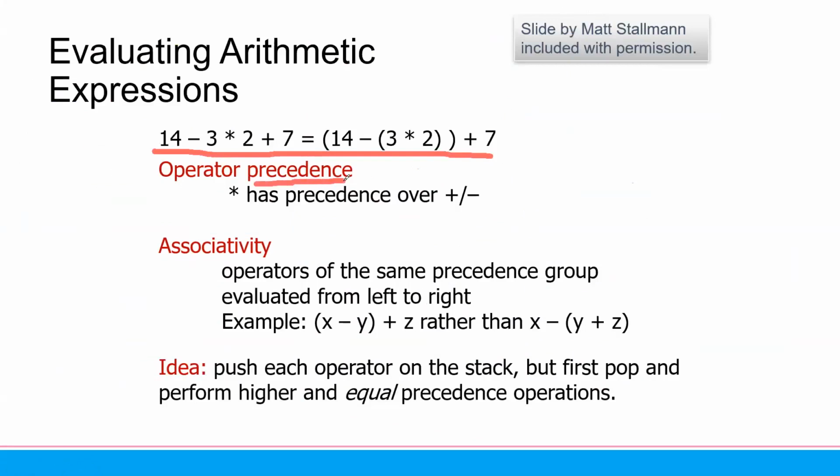Do you still remember what the precedence rule is? We will do it by the order of priority. Multiplication and division will be first, and then minus and plus will be next.